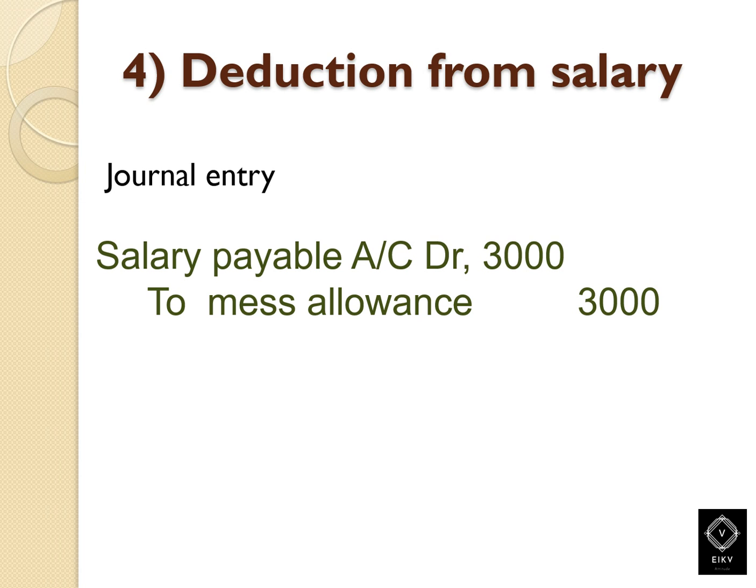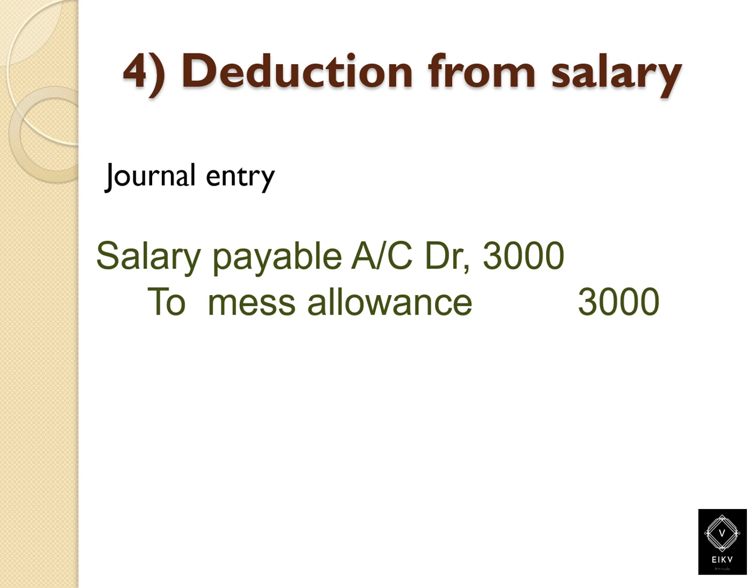Such amounts will be debited to the mess allowance account. In this entry, we credited mess allowance. In the mess allowance account, the amount of rupees 3,000 will be adjusted with the other amount.